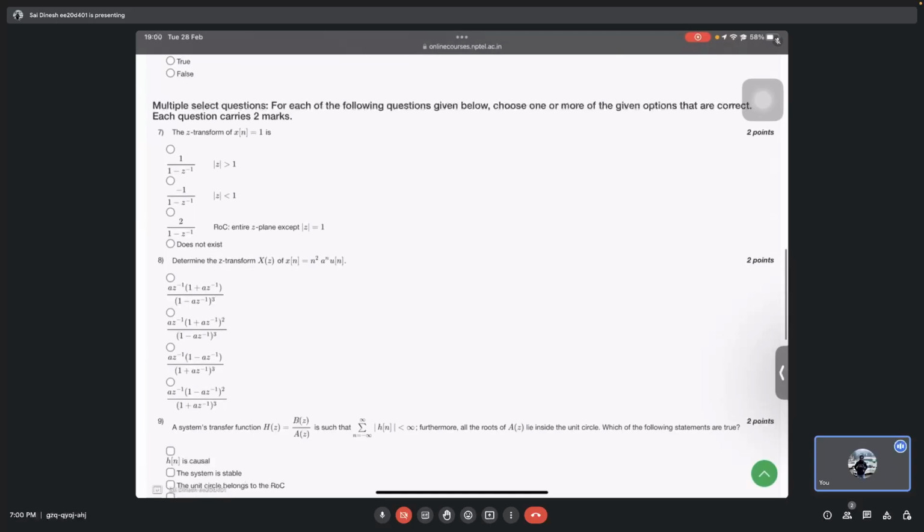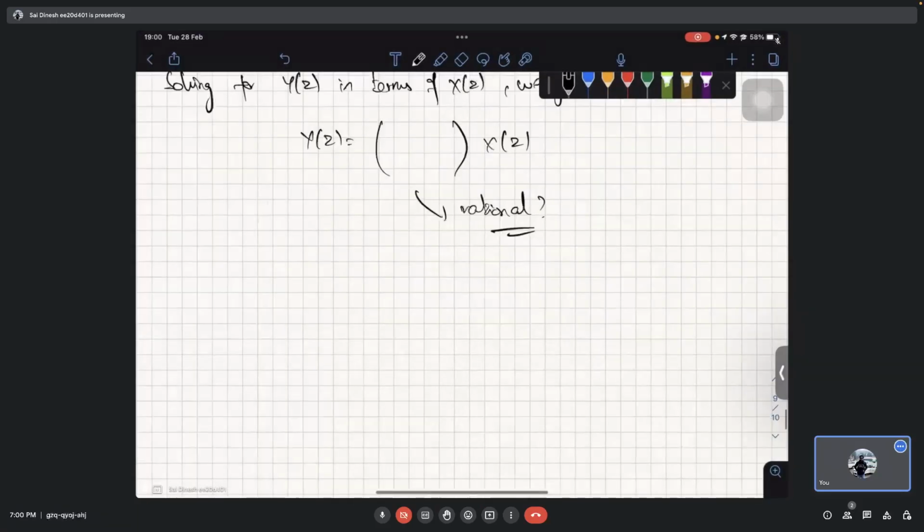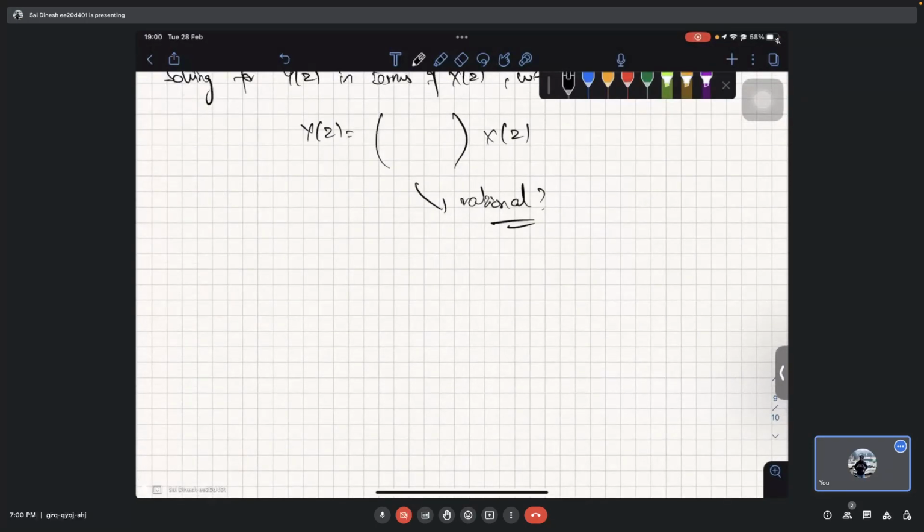So for the 8th question, x of n is equal to n square a power n u of n. How do we solve this?